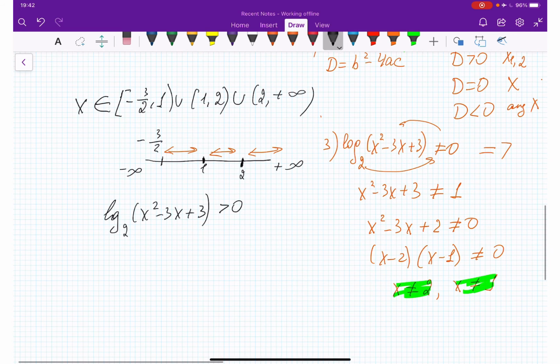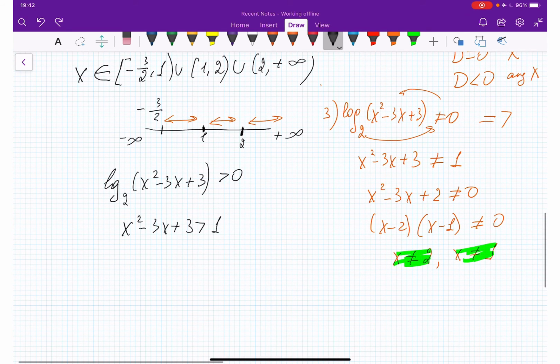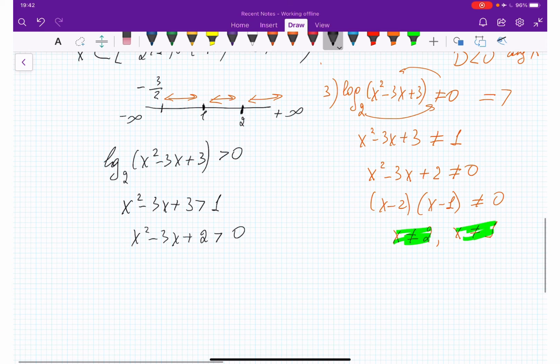And from here, we can say that x squared minus 3x plus 3 is greater than 1, right? Because 2 to the power 0 is 1. All right, and from here, x squared minus 3x plus 2 greater than 0. Which means it's the same thing I solved before as an equation.